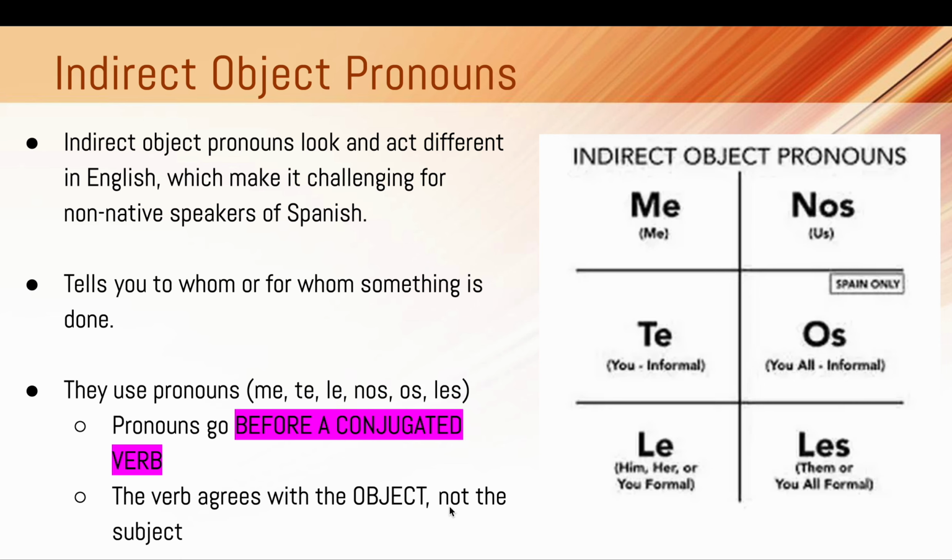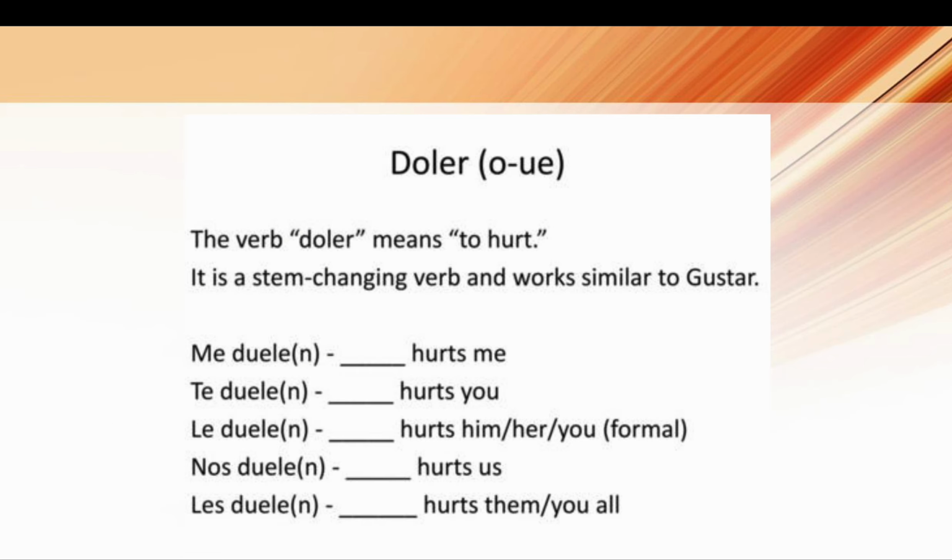So thinking about parts of speech, if I say, he gives it to me, it is the object. He is the subject. So it is going to agree with this pronoun, to me, right? So it'll make more sense when we do it, I think, in Spanish, because it's just going to look different.